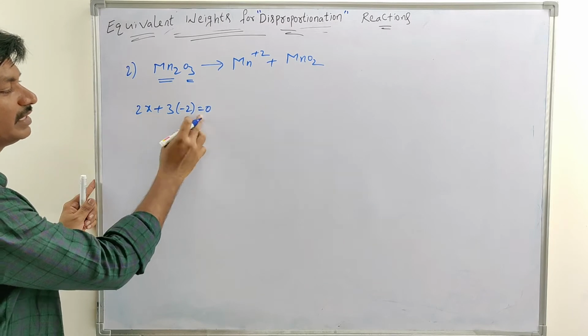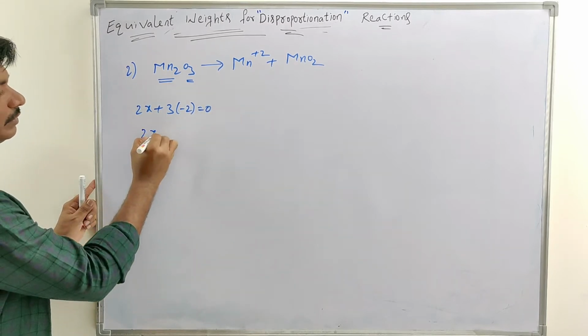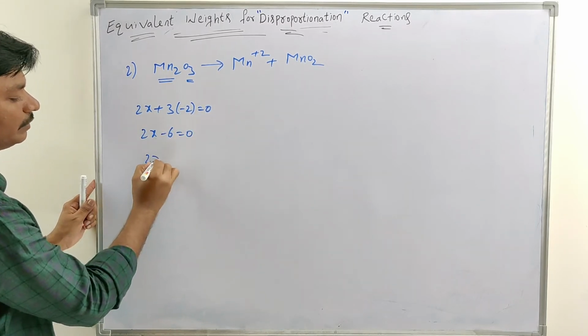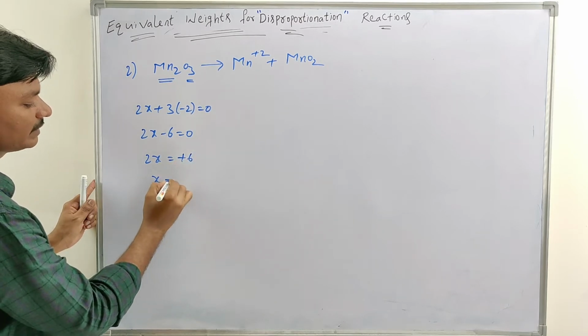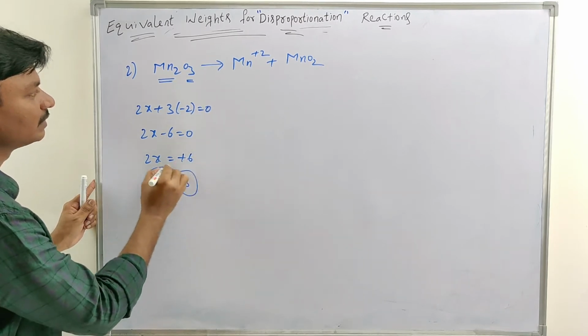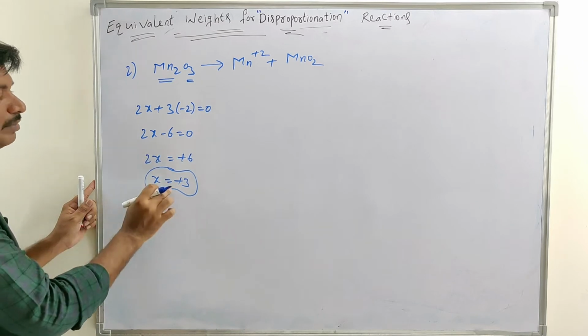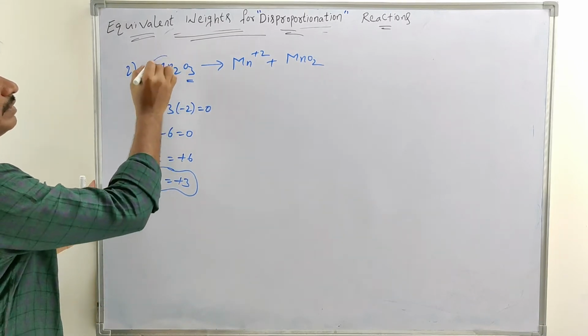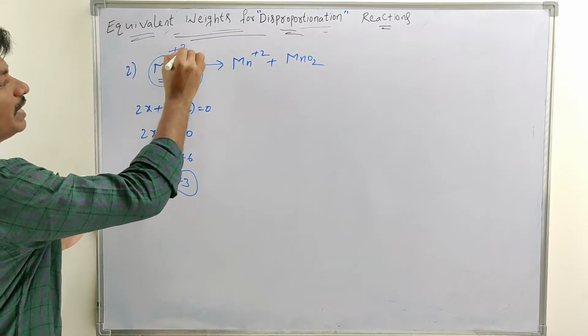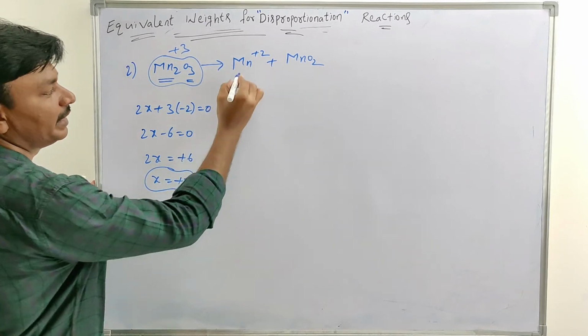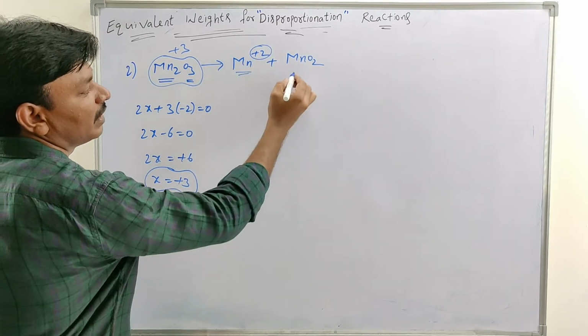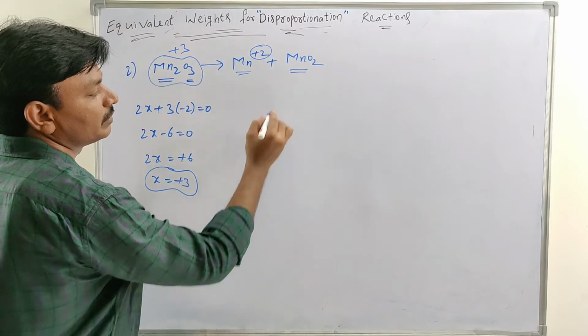So 2X minus 6 equal to 0, 2X equal to plus 6, X equal to plus 3. Clear? Each manganese in Mn2O3 has plus 3 oxidation number. Here it is plus 2 oxidation number, and here it is MnO2.